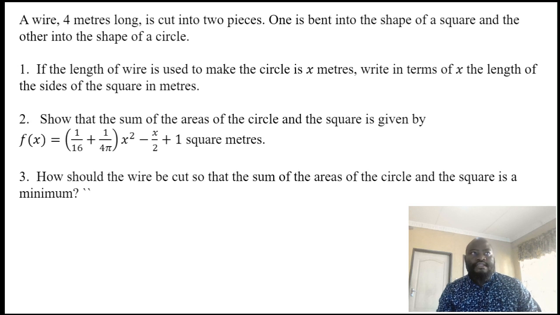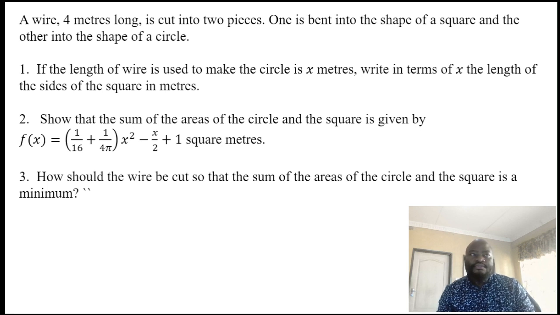So it says a wire 4 meters long is cut into two pieces. One is bent into the shape of a square, the other into the shape of a circle. If the length of the wire used to make the circle is x meters, write in terms of x the length of the sides of the square in meters.